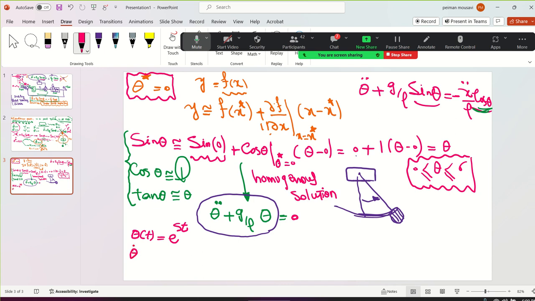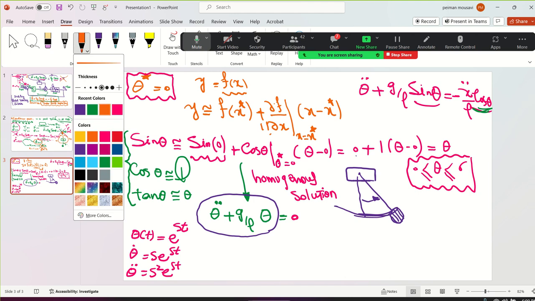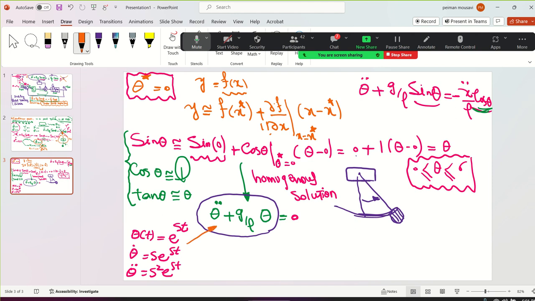So theta dot is s e to the st, and theta double dot is s squared e to the st. Not magic, this is elementary school. Just replace all of these here: s squared e to the st plus g over L e to the st is 0. This leaves you e to the st times s squared plus g over L equals 0.